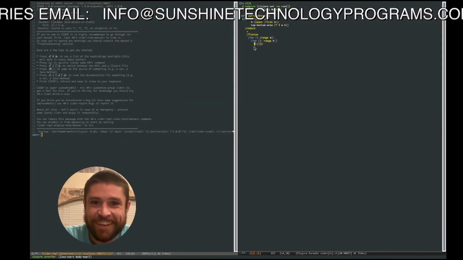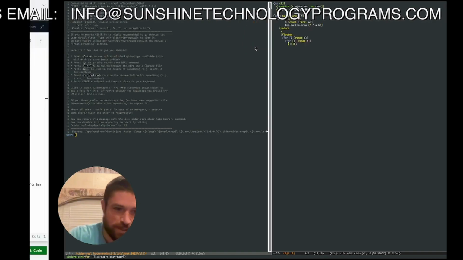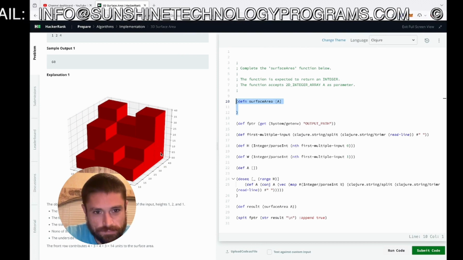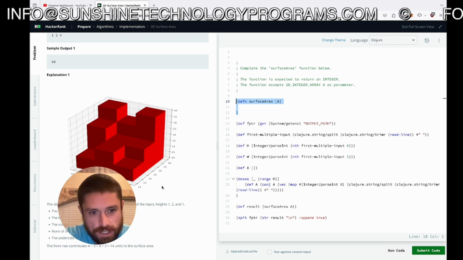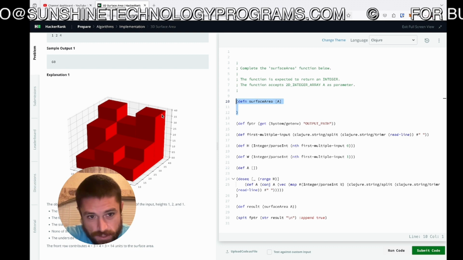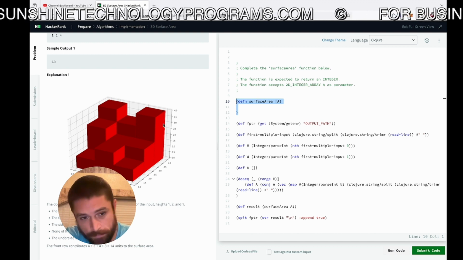Then the A, the total A, is going to be surface area. So here, let's call this one I and this one J. This column here is going to have a total A of 4.